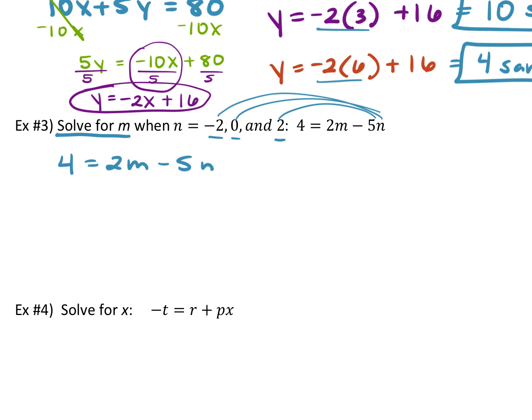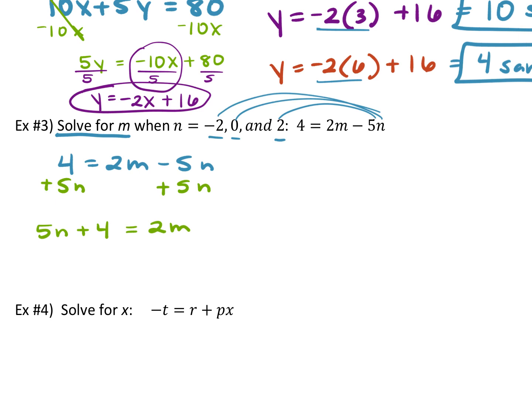Right, we want to get that negative 5n out of there. So I'm going to add 5n and add 5n. So right now I have 5n plus 4, or 4 plus 5n is fine too, equals 2m.